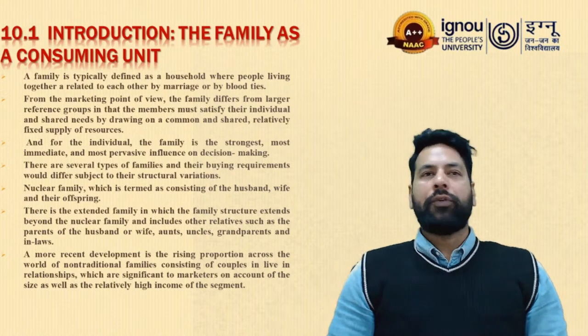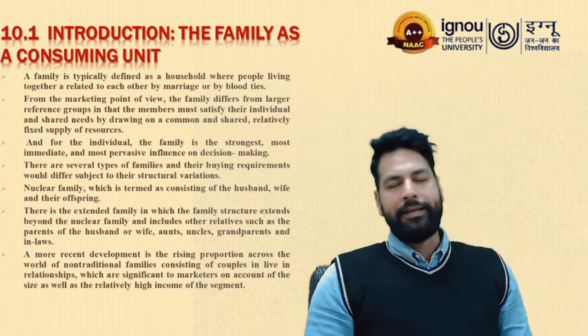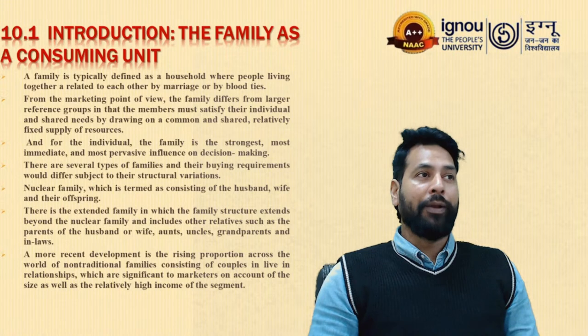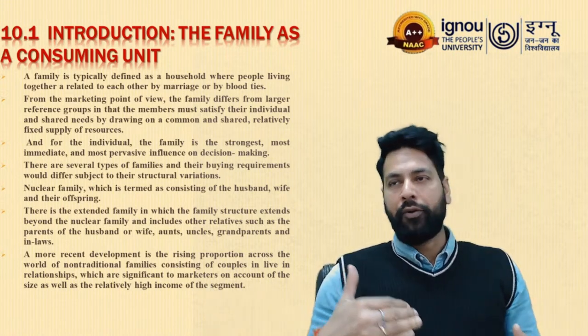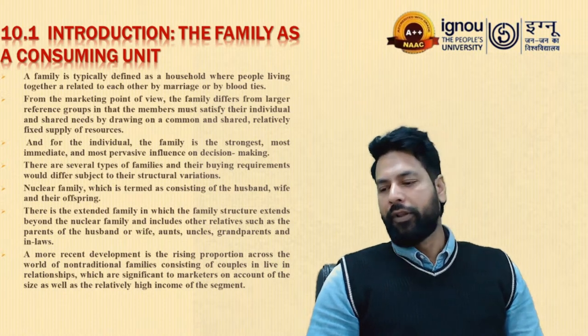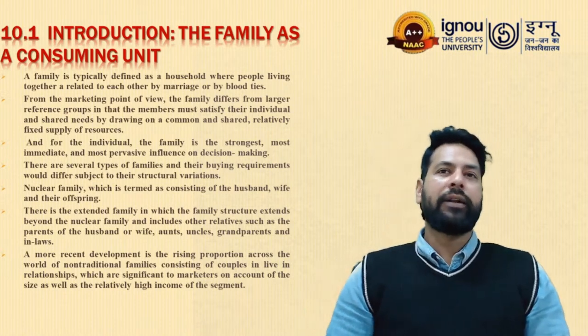When I say blood ties, obviously I'm born in this family, so I've got my parents, my siblings. And if I'm married, I've got my wife, my kids, so they are part because all of them are staying under one roof, related by marriage or blood tie.